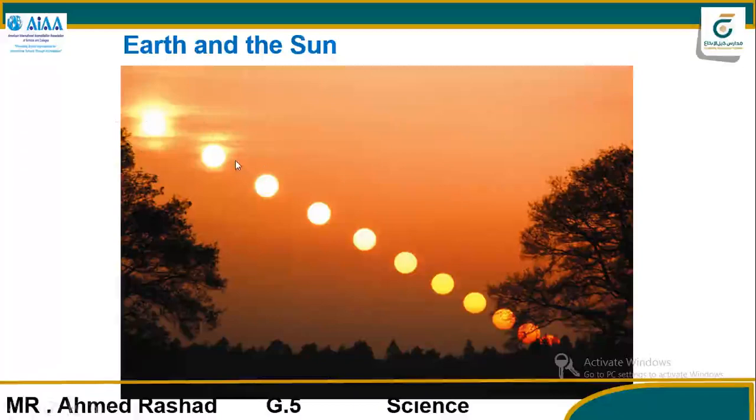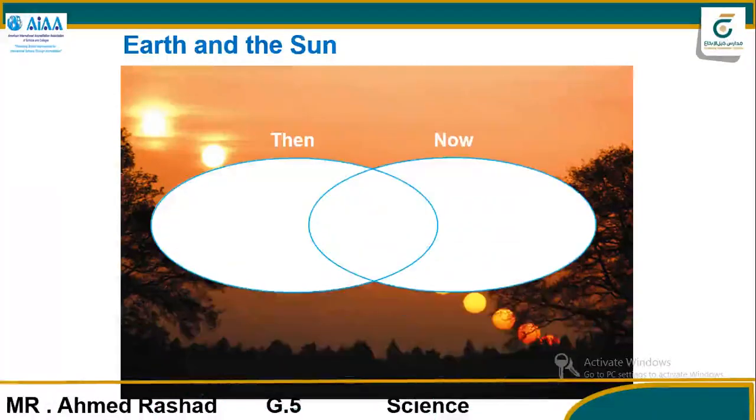But now, after exploring space with technology and telescopes, we know the Earth moves around the Sun, and the Sun is the center of the solar system. So you can make a comparison between the ancient people and now.